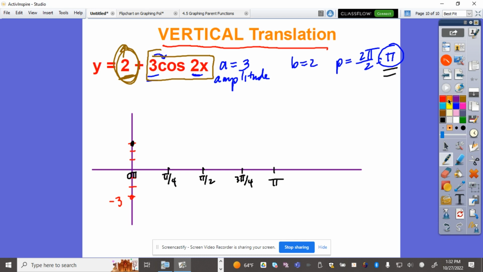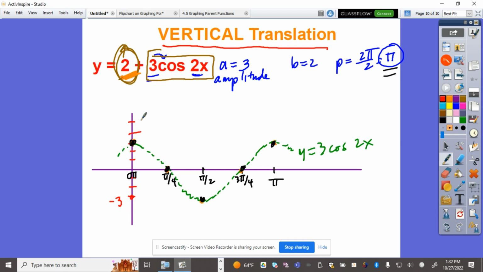In the cosine, you start at the amplitude, go to the intercept, go to the minimum, go to the intercept, go to the maximum again. The graph that we expect here should be something like this dotted green cosine curve. This is the graph for 3 cosine of 2x. But since we have a 2 here now, all these key points will shift up by 2, because of the plus 2.